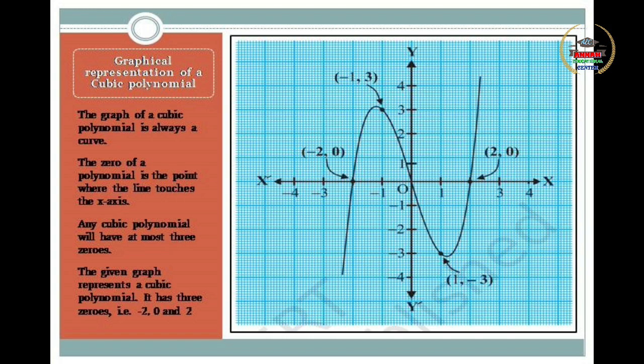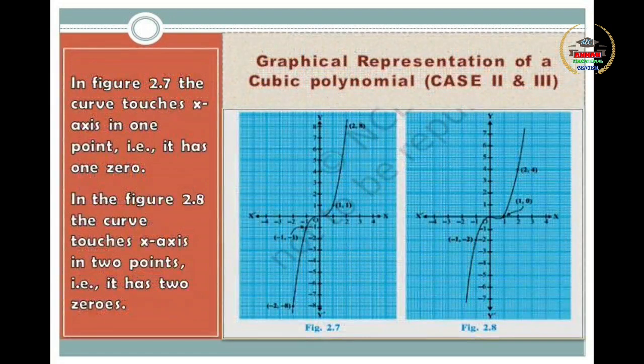Now we will discuss the next two cases, second and third. When you see the first graph there, figure 2.7, you can see a curve. It is not a parabolic curve, so it is a curve of a higher degree, that is, a cubic polynomial.